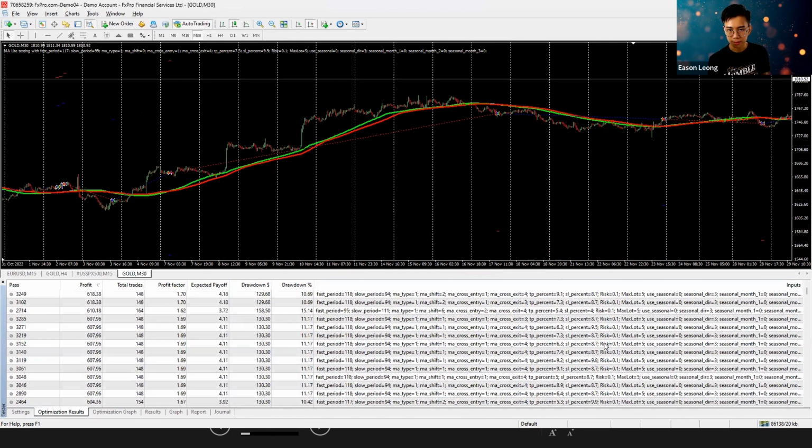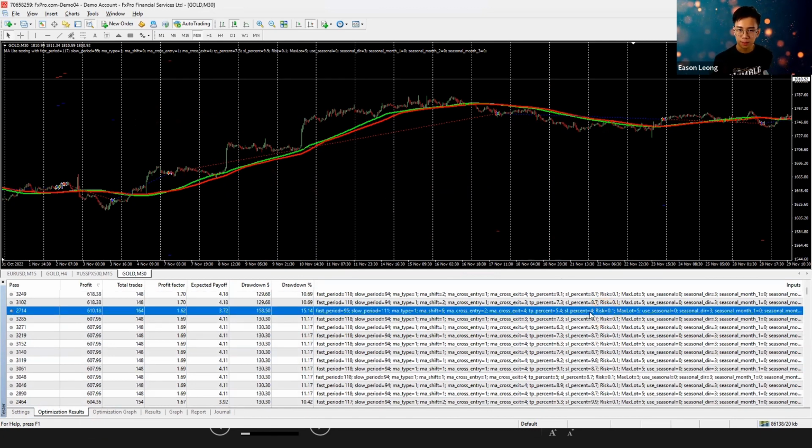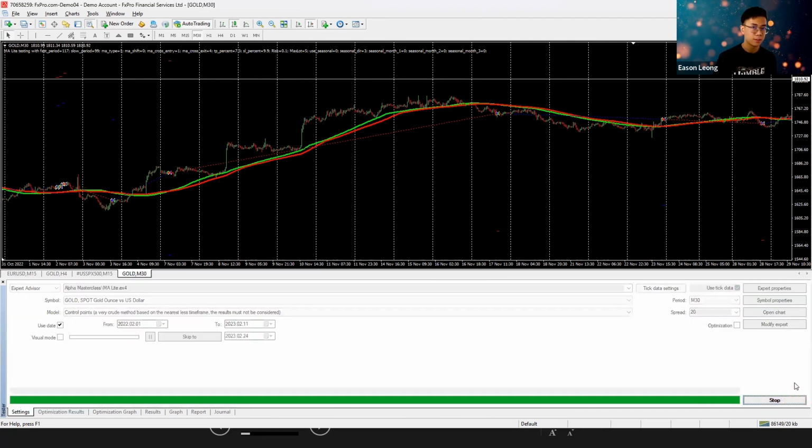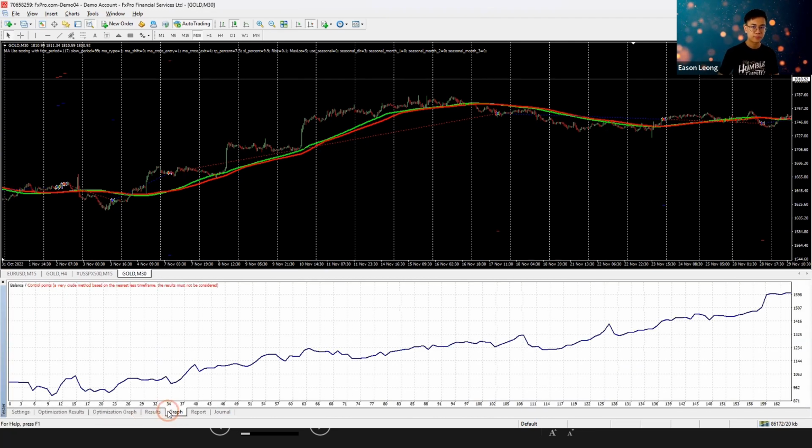Hey, we got a 4% one now. Yep, this one. The stop loss is only 4%. Take profit is 5.4%. Pretty good. So I double click and run it and test how. Okay, so this is the result of it.